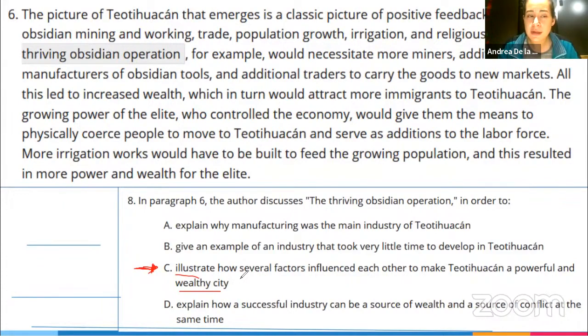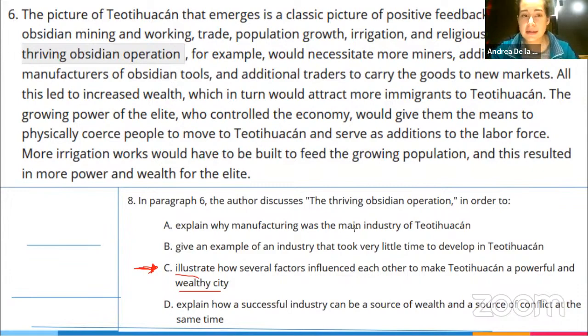So can you first tell me what the main idea of this paragraph is? What is the main idea of this paragraph? Remember the tip I gave you yesterday? Usually the main ideas of each paragraph are in the first sentence or in the last.